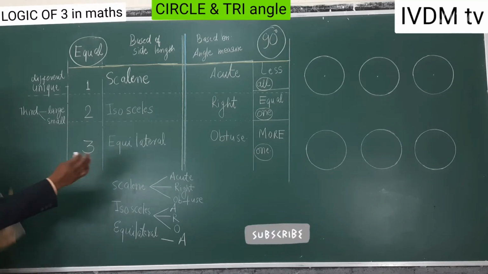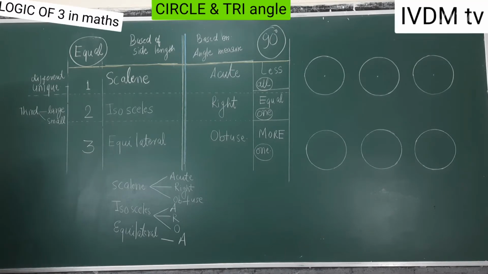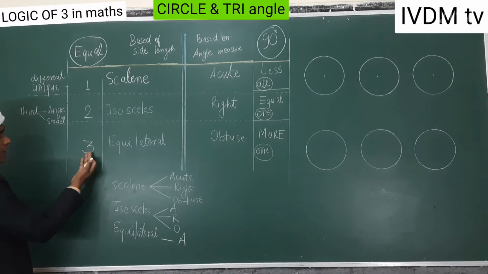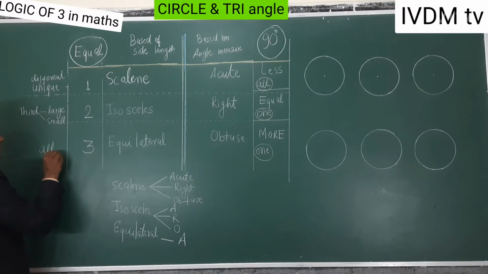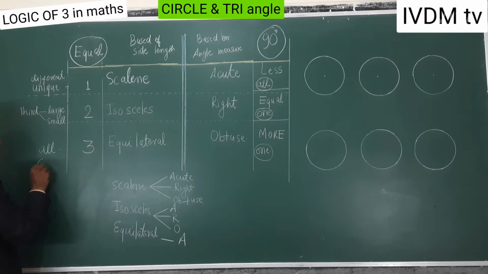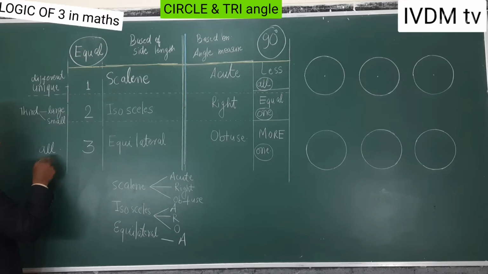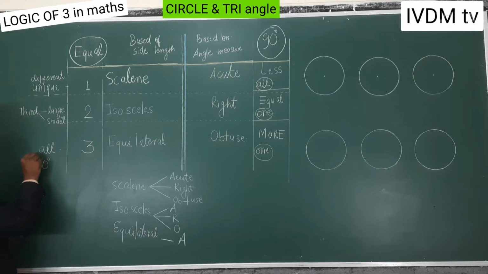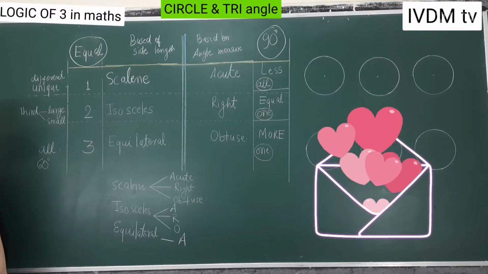So actually sides and angles are related to each other. All three sides are equal, so angles are equal, and the sum of the angles is 180, so all the angles are 60 degrees. Okay.